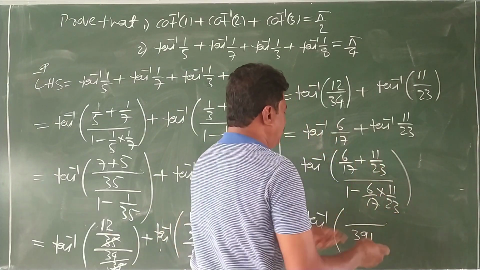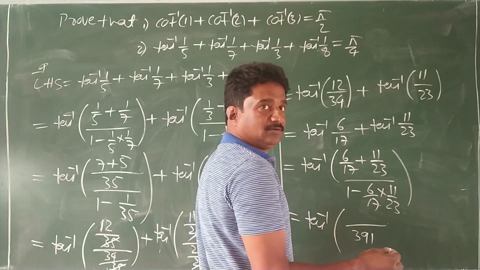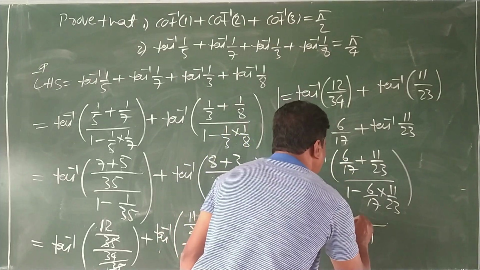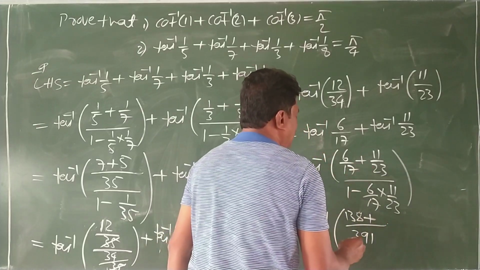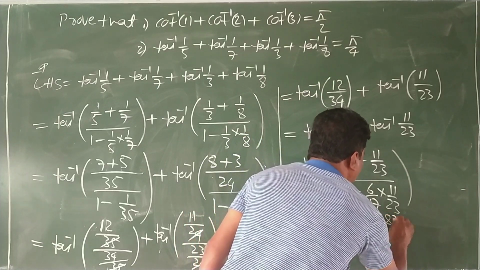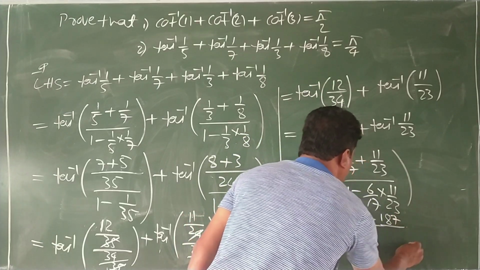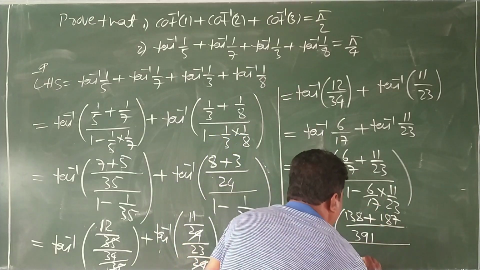So cross multiply: 23 6s are 138, plus 11 17s are 187. Come to the denominator, students. LCM is 391.